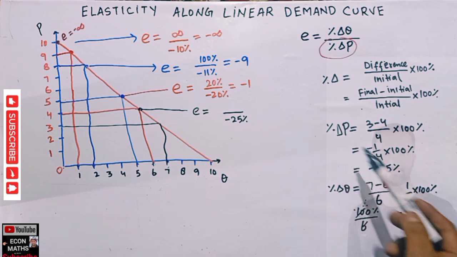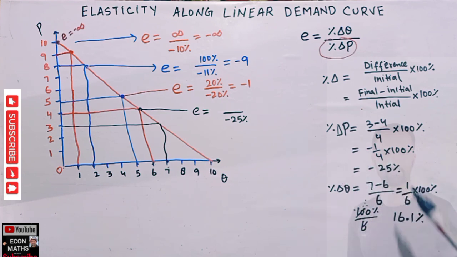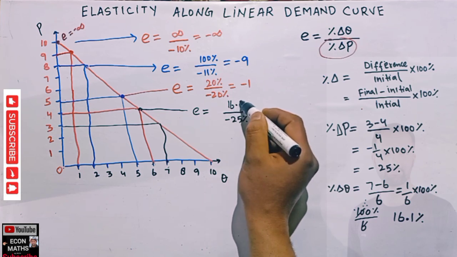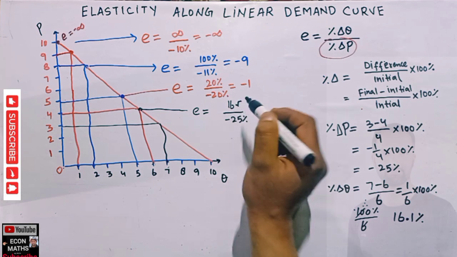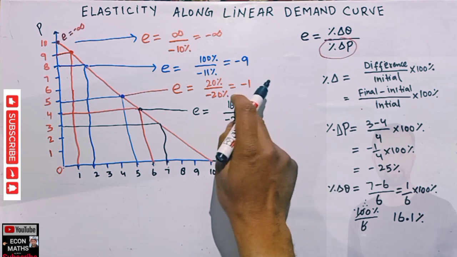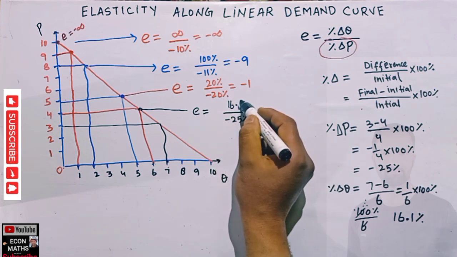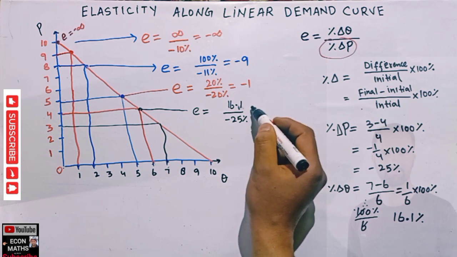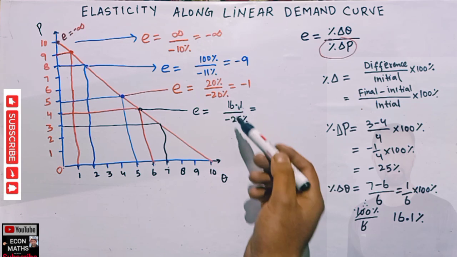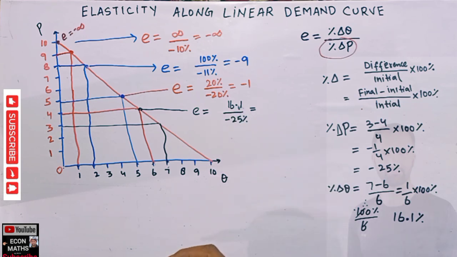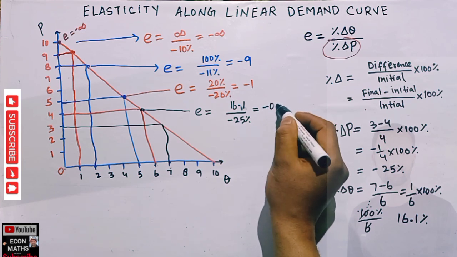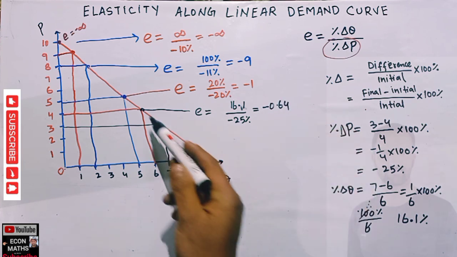When price decreases by 25%, quantity increases by 16.1%. So this will come out to be a number which will be less than 0, so this comes out to be minus 0.64 at this point.